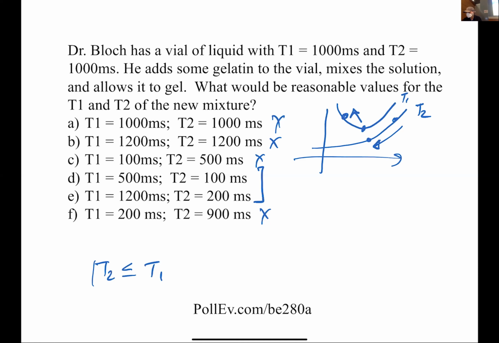But we could have been here and moved in this direction, in which case the T1 would get shorter. So in this case, both D and E would be reasonable answers, assuming that you didn't know anything else. Any questions on that? Okay.